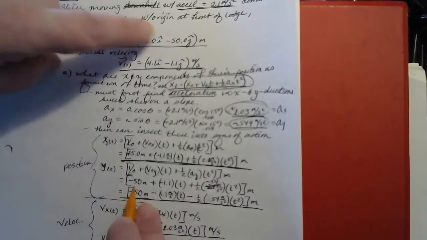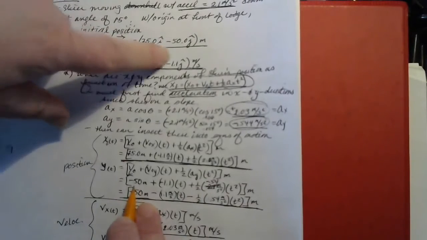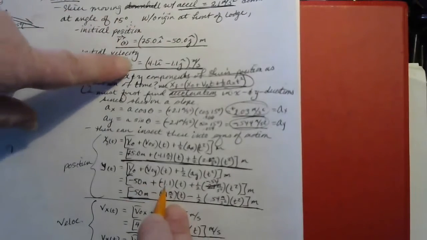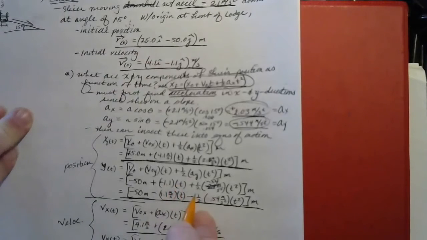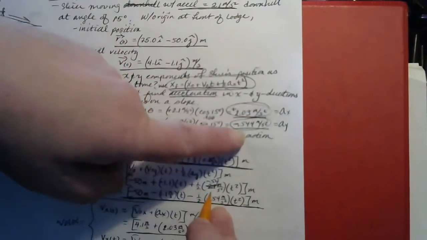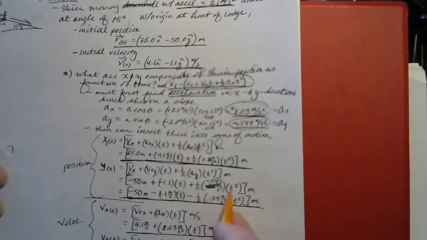So the original position in the y direction comes from the initial position equation, negative 50 meters, plus the original velocity in the y direction, which comes from the initial velocity equation, negative 1.1 times time, plus 1/2 of the acceleration in the y direction, which is negative 0.544. I almost wrote in 2.1, but it's negative 0.544, times t squared.